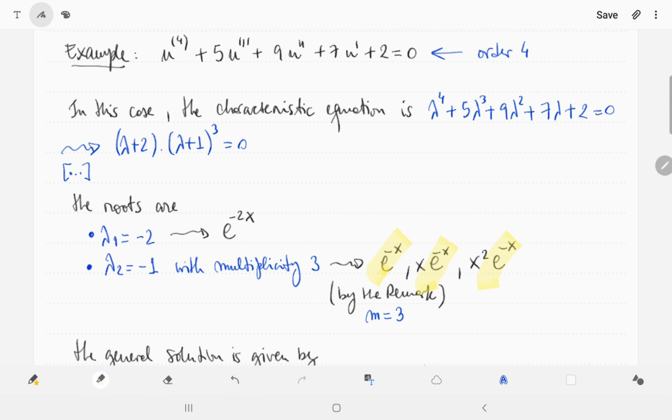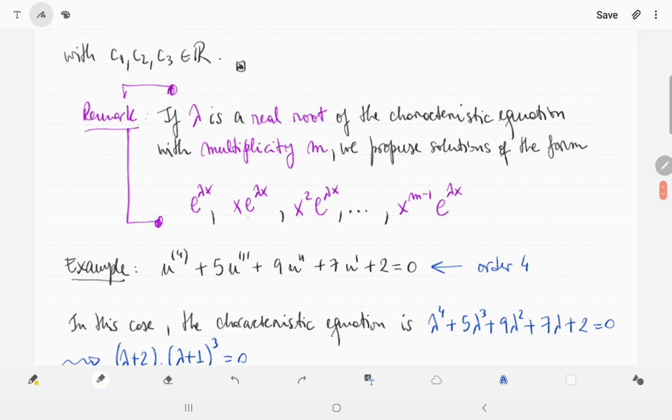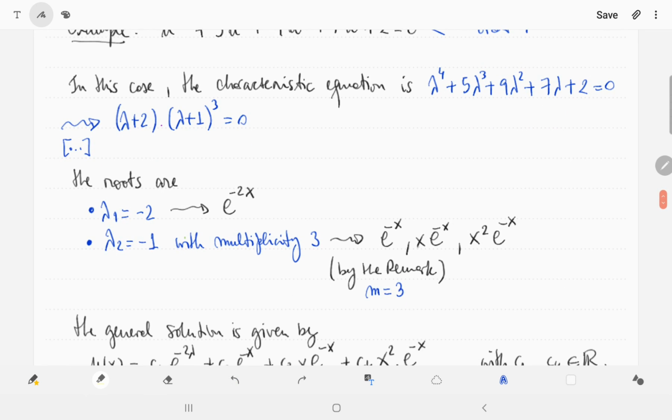The first one is the easiest, just the exponential of minus x, the one that is obvious from how we get them. And then we go to this remark and say, okay, then consider this other one with x in front and the one with x squared in front. And that's what we did.